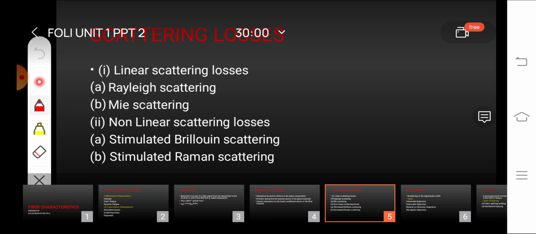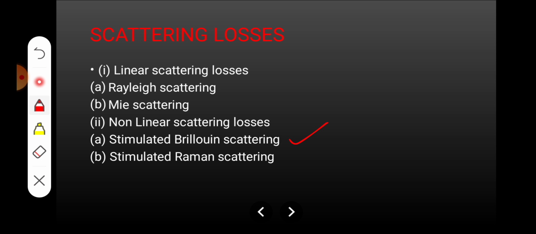Stimulated Brillouin scattering is defined as the modulation of light through thermal molecular vibration within the fiber. An incident photon produces a scattered photon as well as a photon of acoustic frequency. This frequency shift varies with the scattering angle.